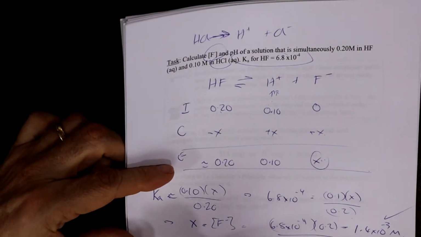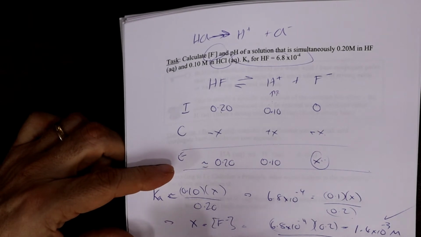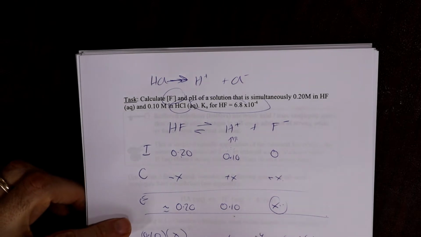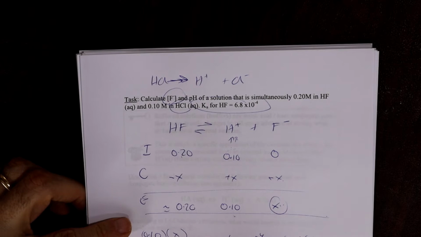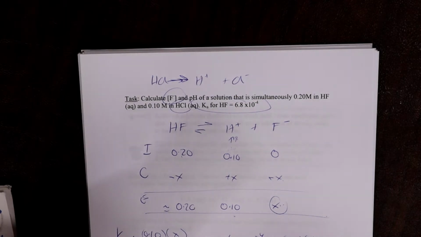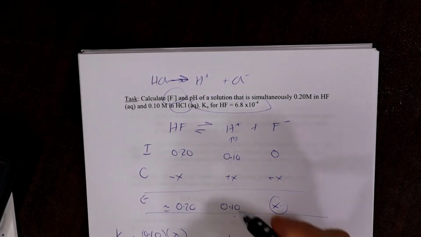Now, pH is easy, right? pH, I'm going to put approximately equal to, the concentration of H plus is approximately 0.1, right? So it's minus log of 0.1, which equals, I should know that, 1, right? pH equals 1. What happens if we actually count in?